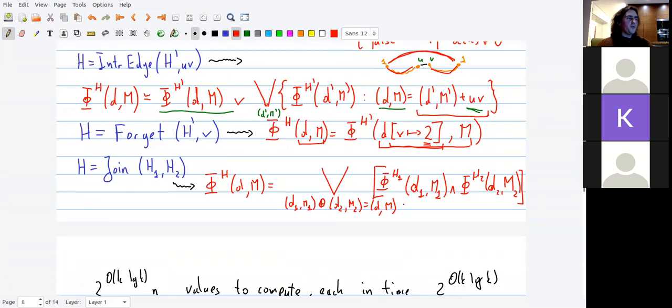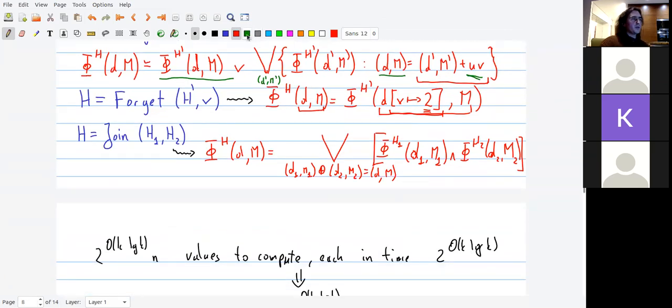And finally, whenever we are joining two graphs, again, it's a similar situation as with adding the edge. Whenever we have the boundary, for instance, if my signature that I'm interested in says that from here to here I should have a path, then this path can be realized as, for instance, going first in H1.